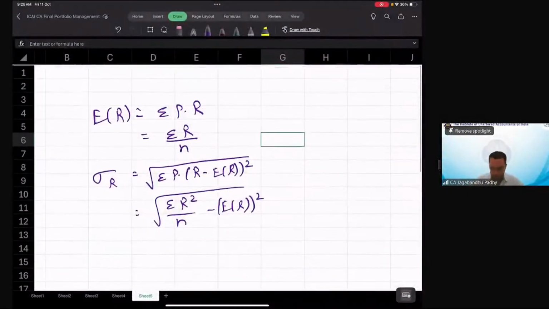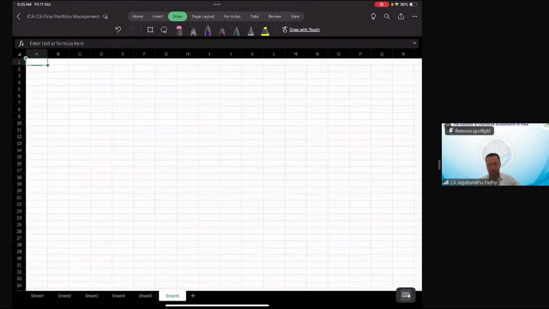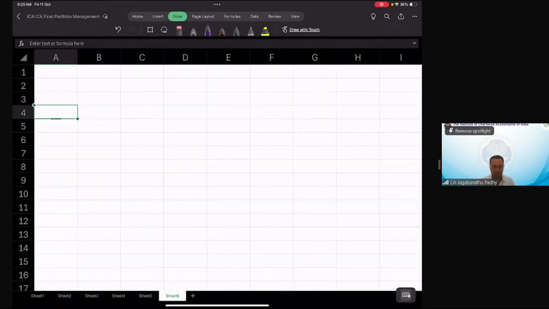Now let me take up a case where we suppose have two securities available with us. Let me take a random case where we are looking at two securities and we'll be creating a portfolio, and we would like to know what is the portfolio risk and return.